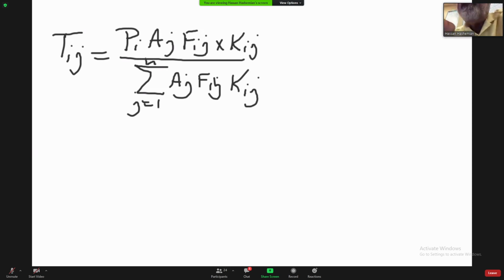Actually, this is the same formula as I just discussed, because Pi is the same as Oi. Sometimes they call it production, sometimes they call it originated trips. It's the same thing.